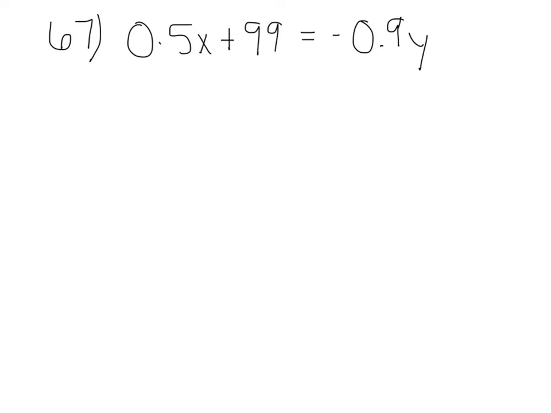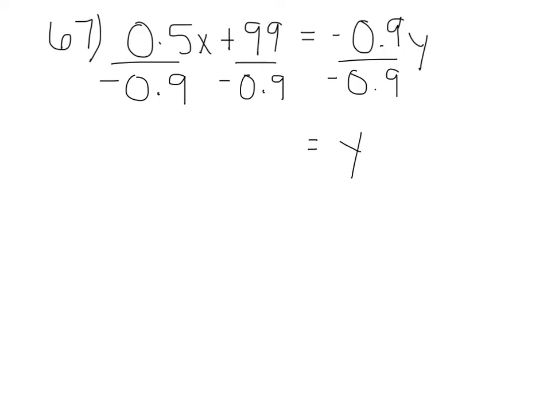Okay, then for 67, I already wrote the problem again. Looking through my responses, A, B, C, and D, B, C, and D all have y by itself on the right-hand side. So I'm going to start by solving for y. So I'm going to divide by negative 0.9, which is the same. And then when I do that, I'll get y by itself on the right. And then I'm going to check what I get here.